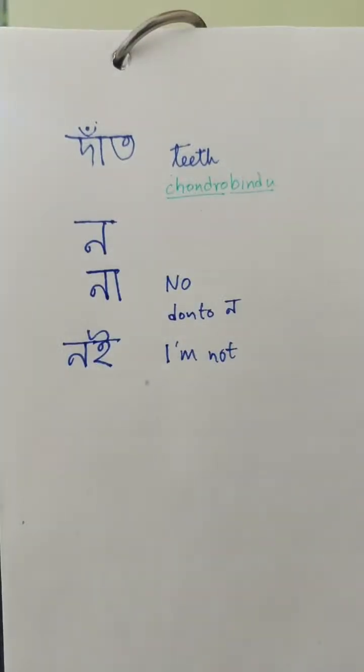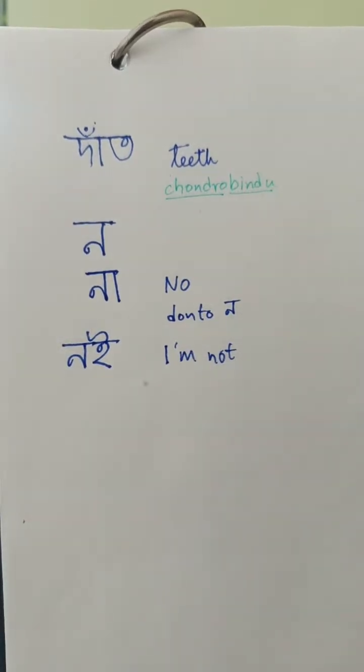So I'm not is noi, and ami is I, your friend, tomar bondhu. So you will say, ami tomar bondhu noi. Literally it is I, your friend, am not. That noi is this word. I'm not. Ami tomar bondhu noi.